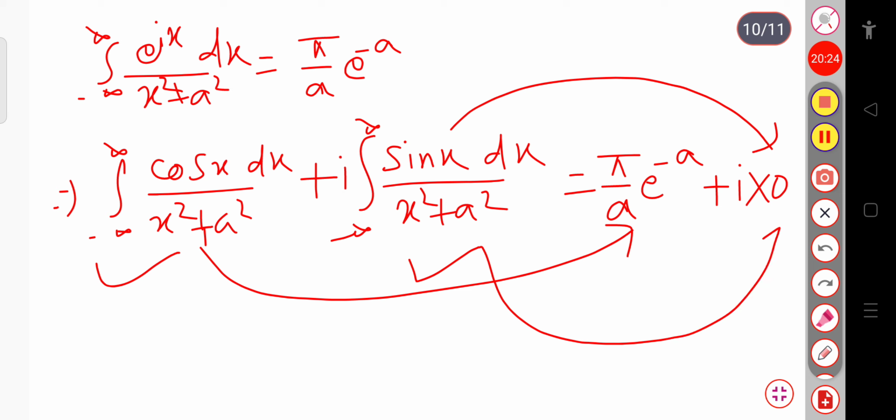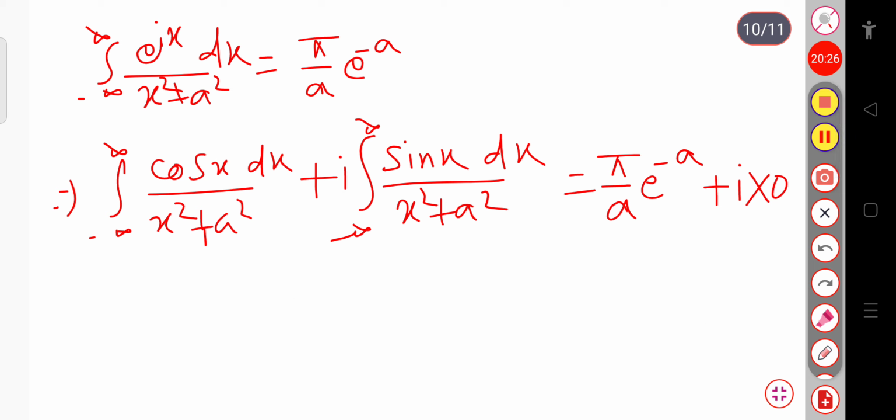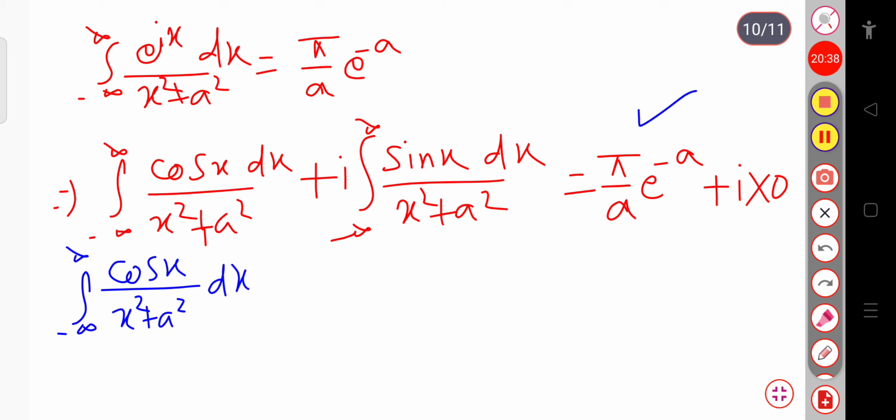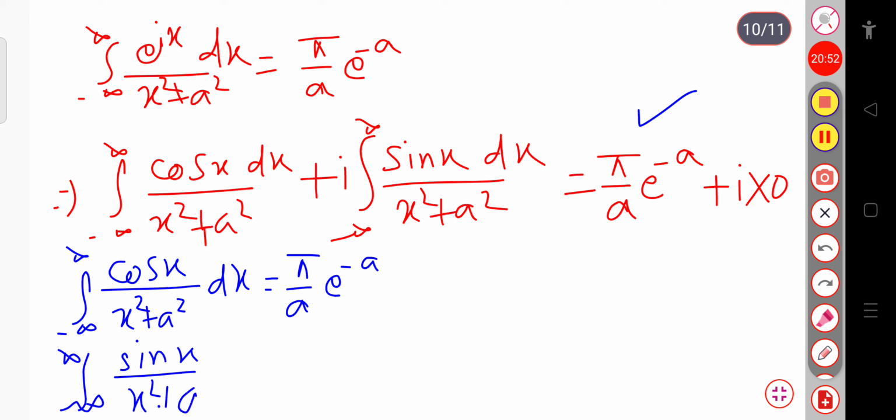So this can be written as minus infinity to plus infinity cosine x divided by x square plus a square into dx. If I compare this with the real term, this will be equal to pi by a times exponential minus a, and the integration over the limit minus infinity to plus infinity sin x divided by x square plus a square into dx will be 0 because no imaginary part is present here.